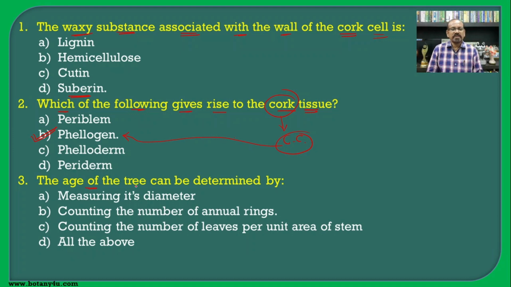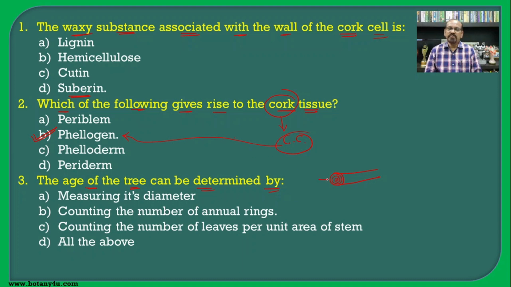The age of the tree can be determined by: if you see any plant and if you see the wood of this plant, then we find such type of rings, and these rings are known as the annual rings.